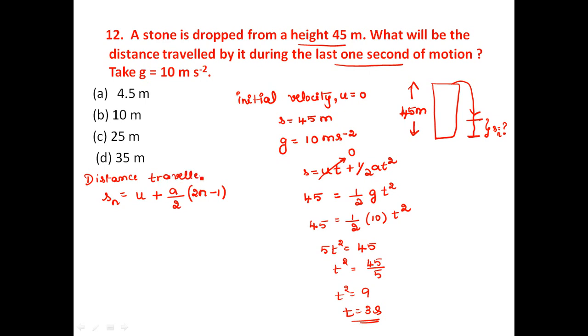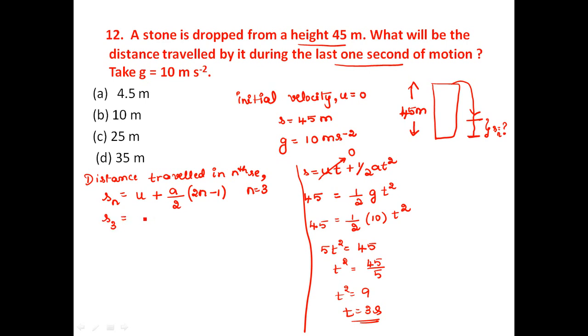What about our value of n? It should be equal to 3. Why? Because they have asked us to calculate distance traveled in the last second, so we have to substitute n as 3.